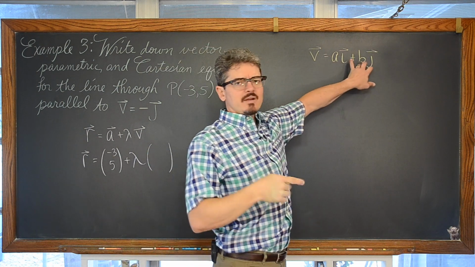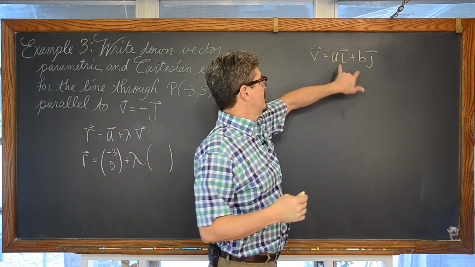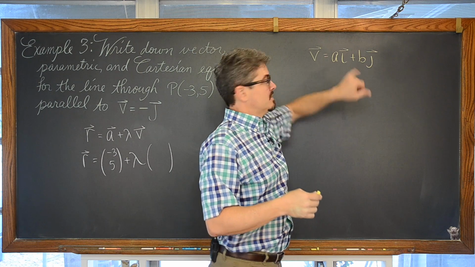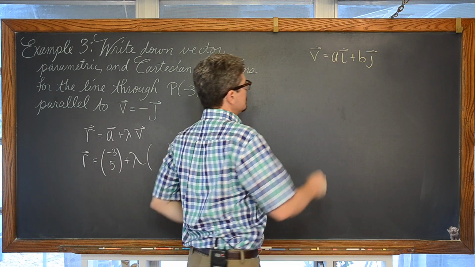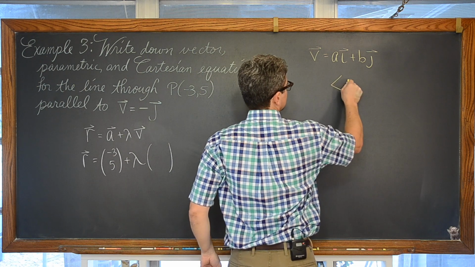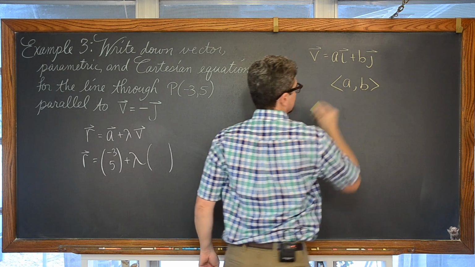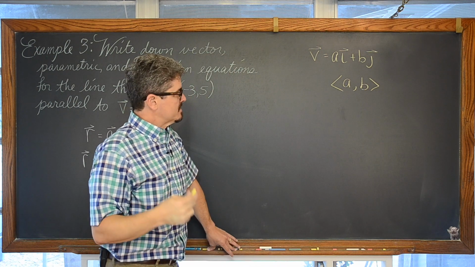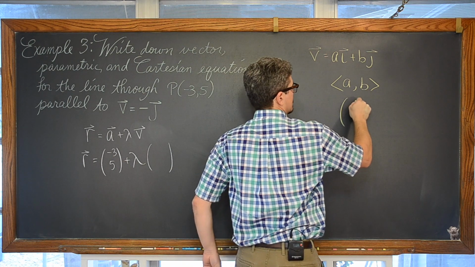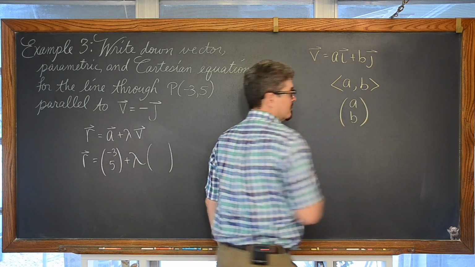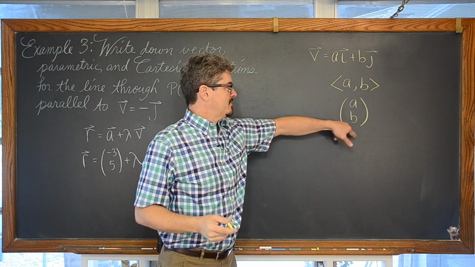My current book, and maybe yours, calls this v sub 1 and v sub 2. That can be written in component form as (a, b) or (v1, v2), or as a column vector, which I'm using to stay consistent with the book I'm teaching from for my live class.